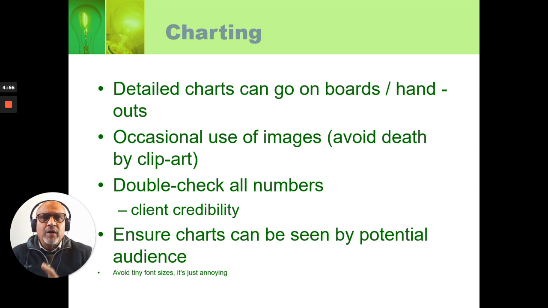All your numbers need to be checked, cross-checked. Your sources need to be quoted. Where did I get this data from? A lot of times there'll be people in the audience who say, where did you get that data from? I think that's very old. That's wrong. So you should have put it there itself, that as per the survey done in 2017 by this government agency, I got this from the ministry website.